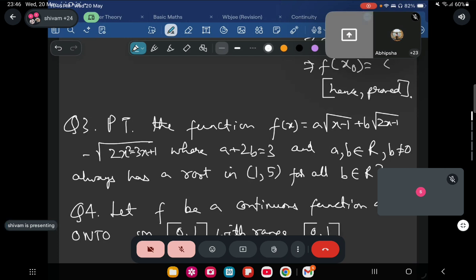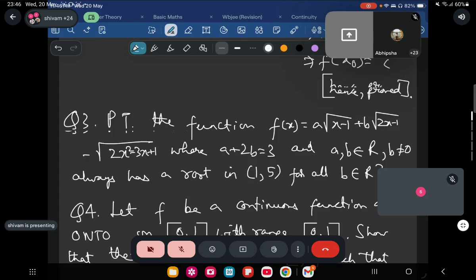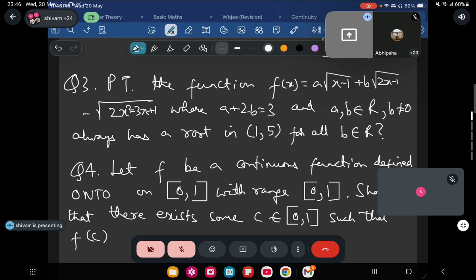Show that there exists some C belongs to close 0, 1 such that f of C is equal to 1 minus C. Solve.